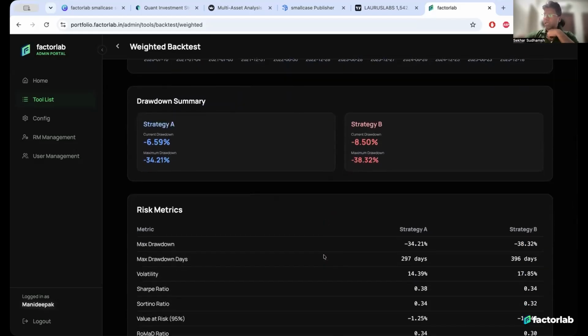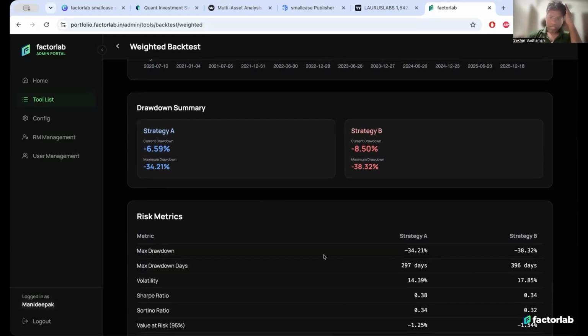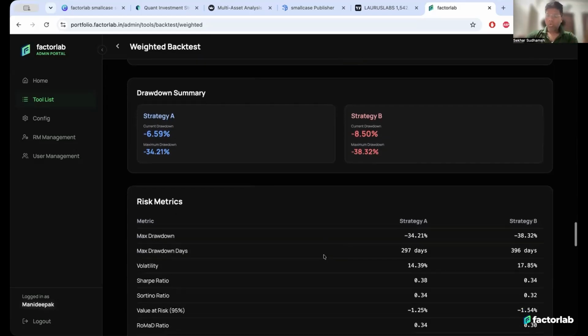We can still ideate and think about it, but what we feel is REITs and InvITs, it is better to have it as a separate one than combining it, because when you add too much into one asset class or one smallcase, it will become more and more like a very super diversified multi-asset kind of strategy.